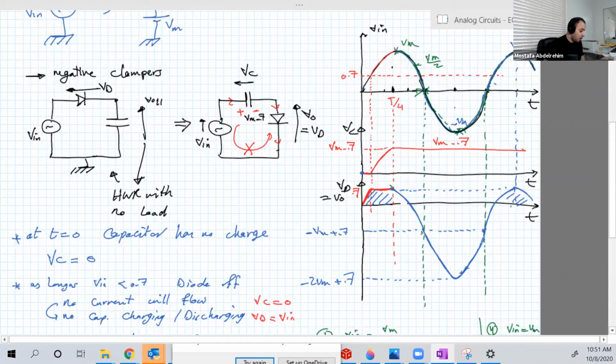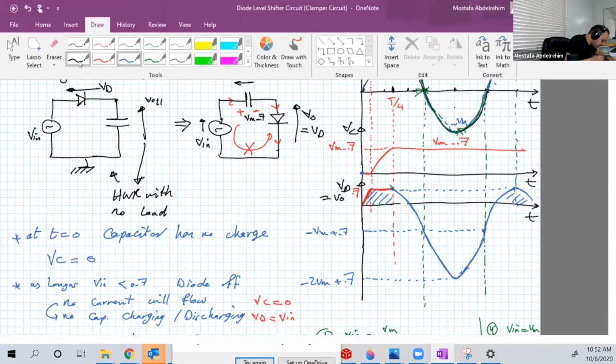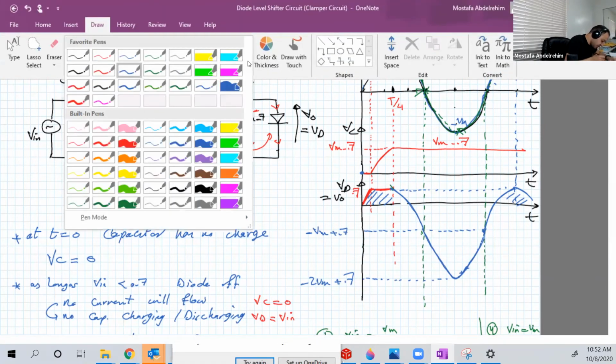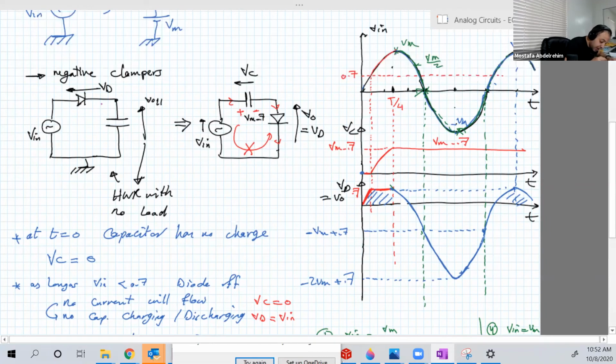Okay. Now, before going forward, to convince you more, I will draw now the output if we assume the diode is ideal. If the diode is ideal, so there is no 0.7, okay? So the output would be something like this. Let's have another color. If the diode is ideal, you will have 0 here.